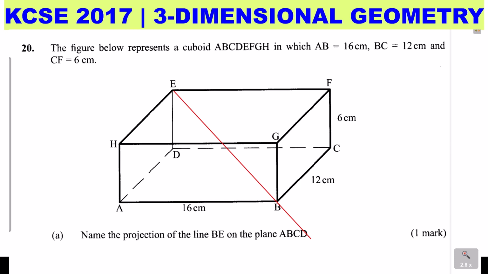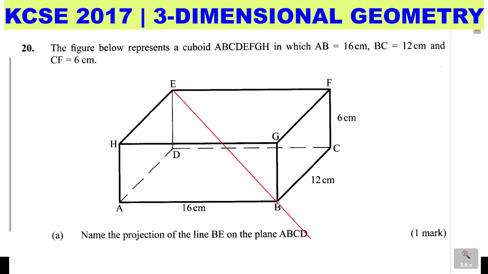Now to understand this, the projection is the shadow of line BE on the plane ABCD. So when you're getting the projection, look at point E. Point E will be projected to D, and then B will remain there.